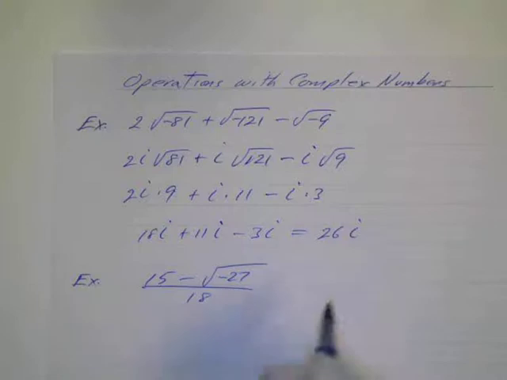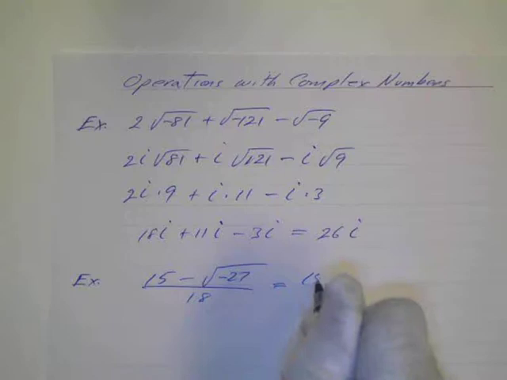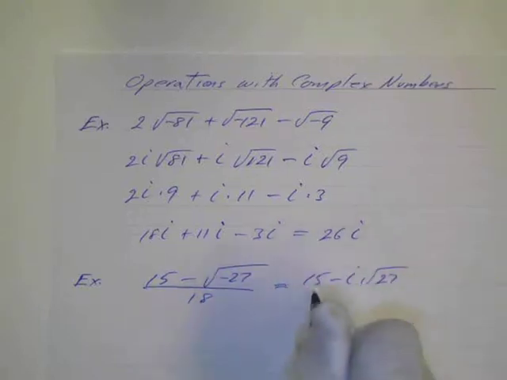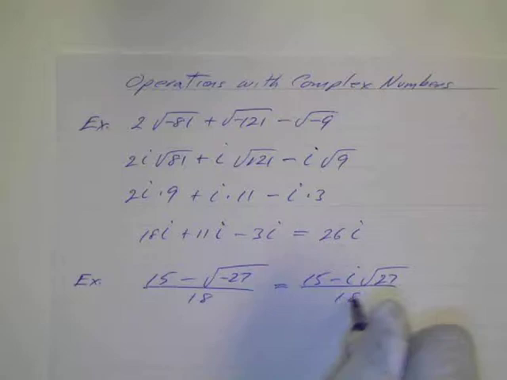So the first thing we want to do is take out the i's, get the i's out of there. So this is going to be 15 minus i times the square root of 27 all over 18. So that's the first thing you do, take out the i's.